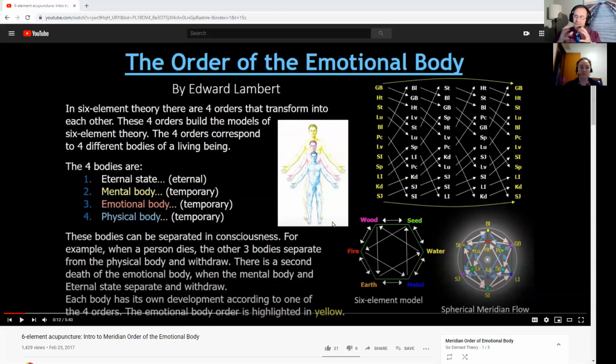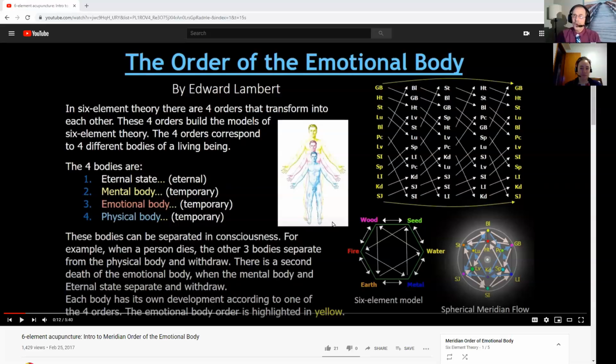So this spherical pattern has four transitional states, and each one of those states produces a different order expressing its pattern.